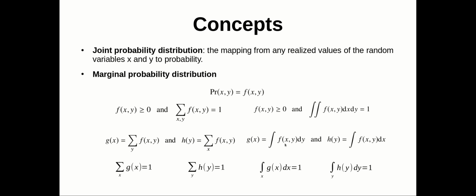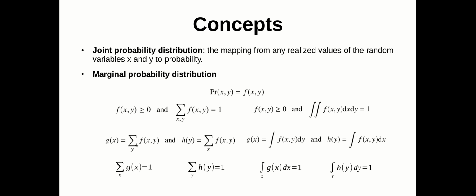The same is true if you do an integral over y, if the sample space is continuous. If you do an integral of the joint distribution f(x, y) over y, then the result of the integral is going to be a function of x. Here we are denoting the result of the integral over y as g(x), and this g(x) is called the marginal probability distribution for x.